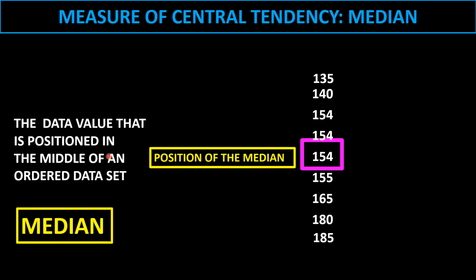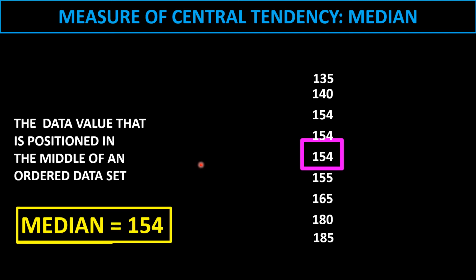It's in position number 5. We have 9 points, so how could we get 5? 9 plus 1, which is 10, divided by 2, which is 5. You can see that point is right in the middle: 4 below and 4 above. So our median in this particular example is 154.